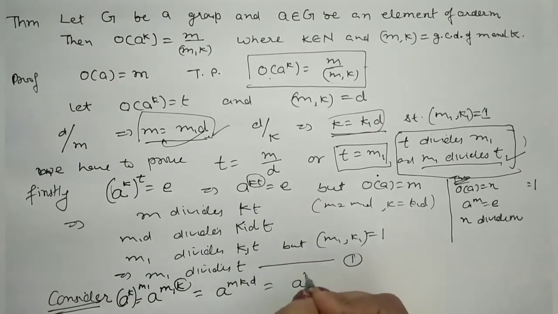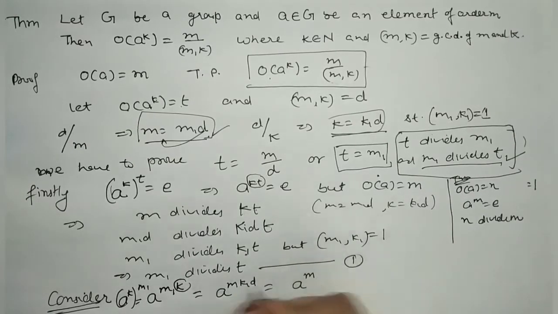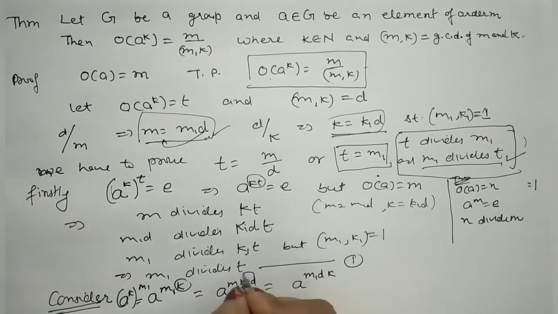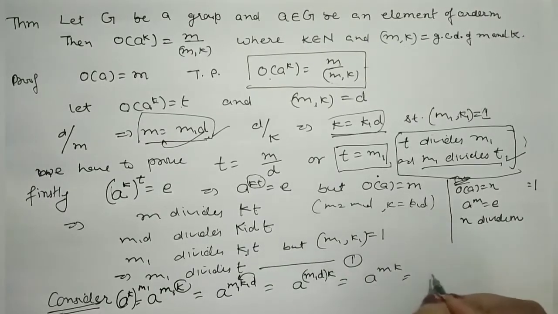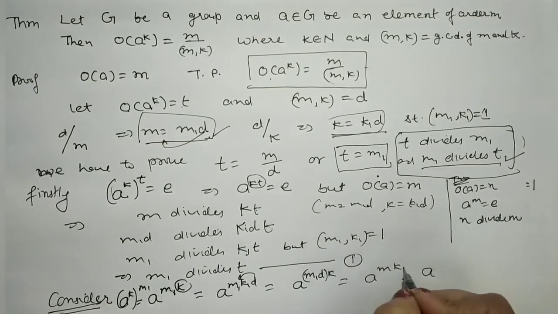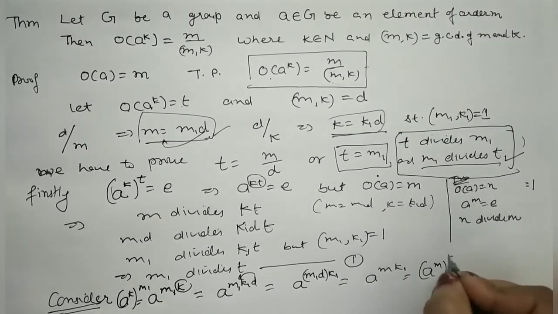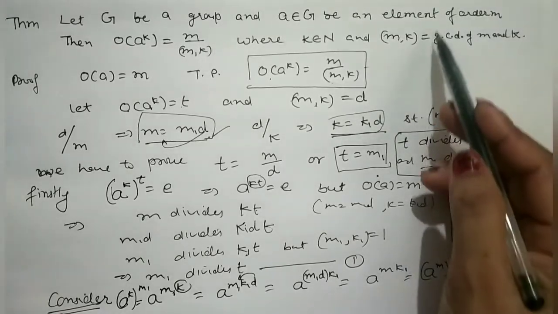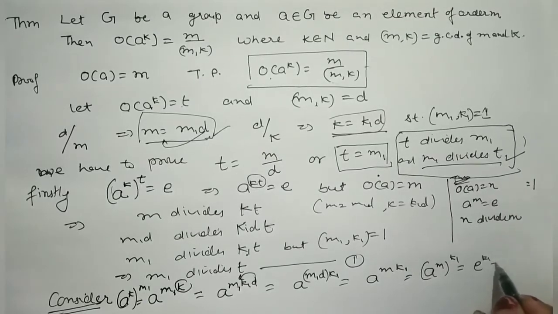This will be a raised to power m1d into k1, we attach d with m1. And what is m1d? m1d is m. This can be written as (a raised to power m) raised to power k1. A raised to power m, because the order of a is m, will be e. e raised to power k1 means e.